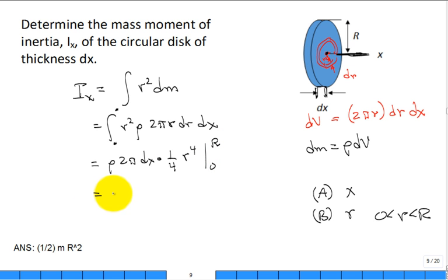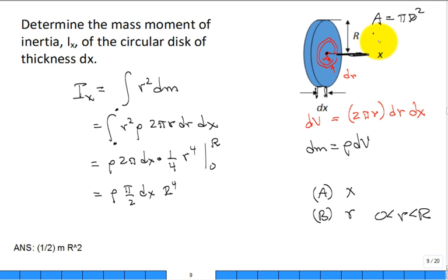The rho, you're going to cancel, you get a pi over 2. You'll get the dx. And now you'll pick up cap r to the 4th. Well, what is the entire area of that whole disk? Pi r squared.